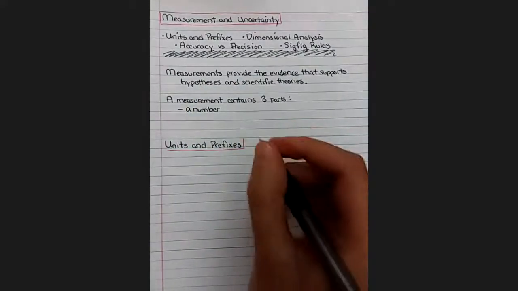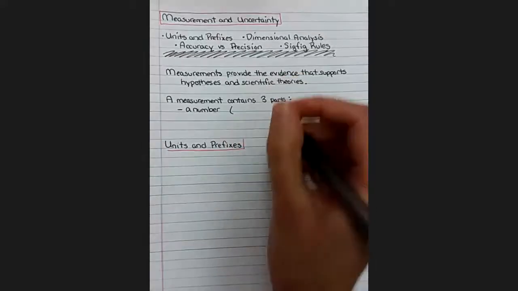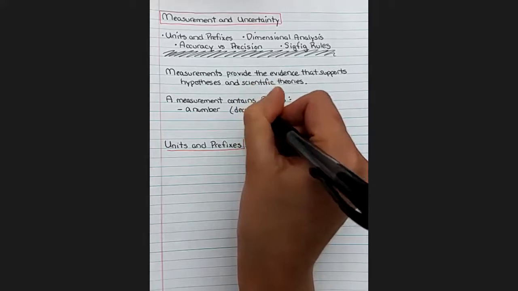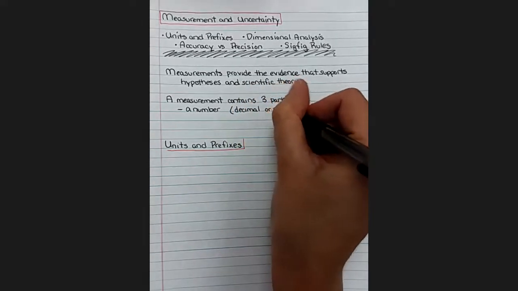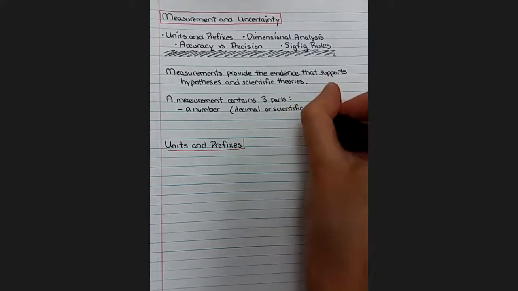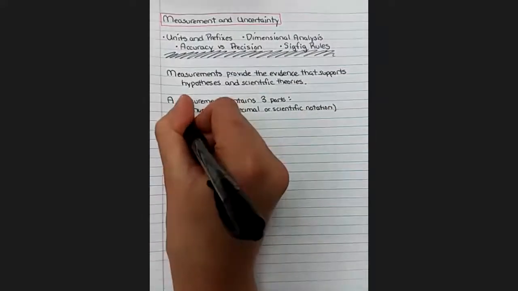So that'd be 5 or 1,000 or 1 times 10 to the third or 17.35. That number can be a decimal or it can be in scientific notation. Most of the time we report things in scientific notation if they're not between 1 and 10, which is most of the time. There's going to be a number.